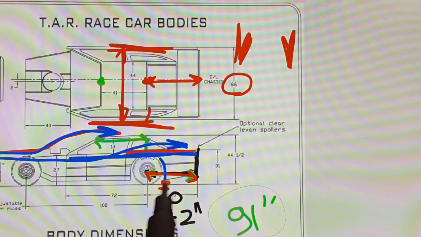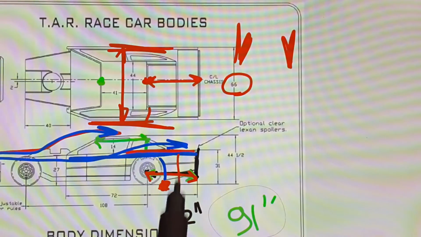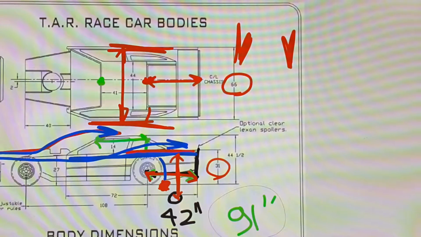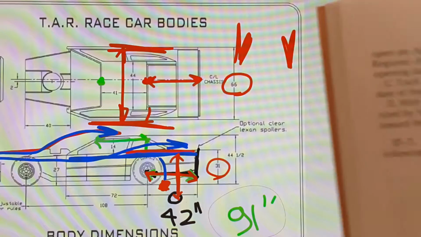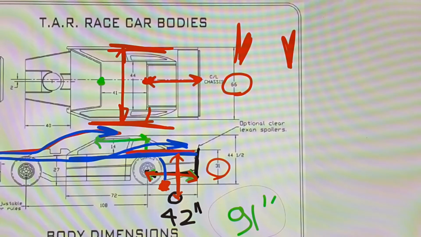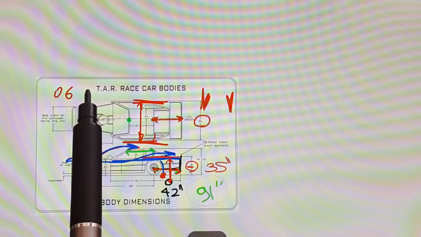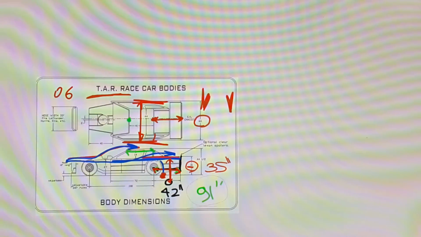They're talking about the height right here and the height right there. Right here is 31. In the 1991 division, I wanted that to be 35 inches instead of 31, so a little bit different dimensions between these race car bodies and the 1991 modified, but you could see the generic similarities.